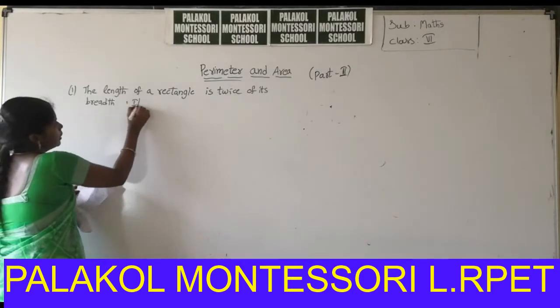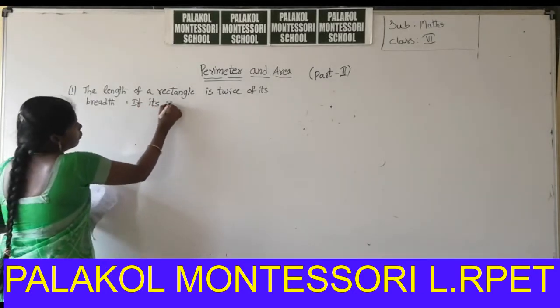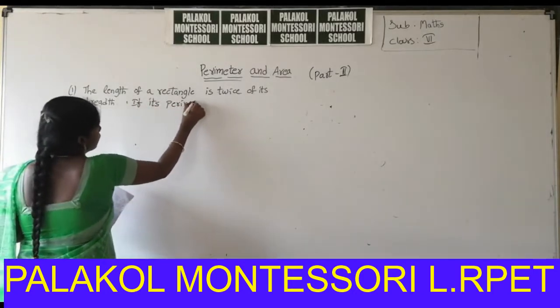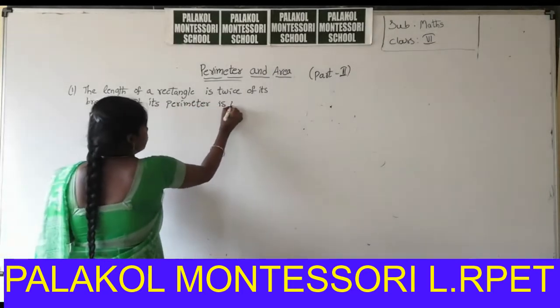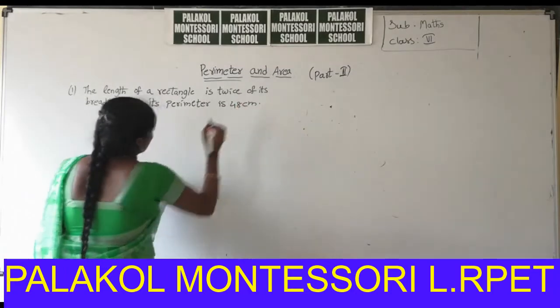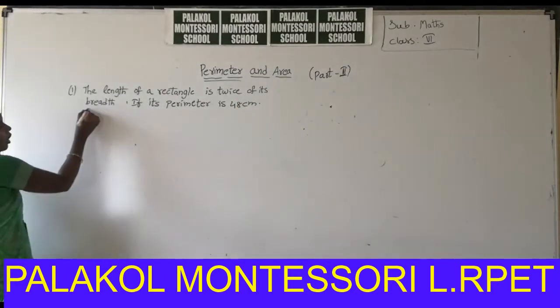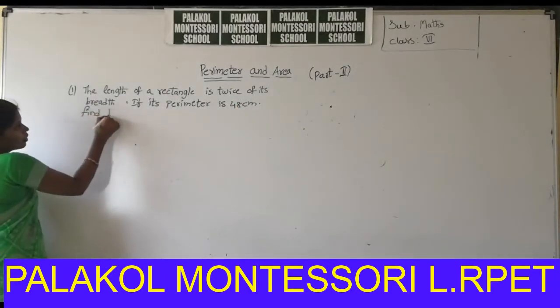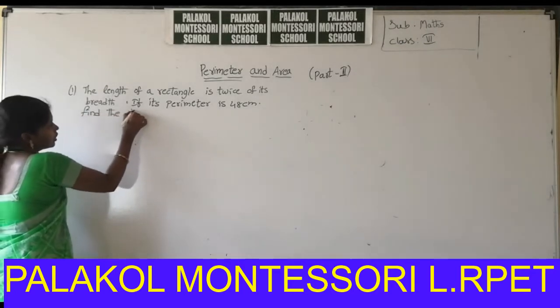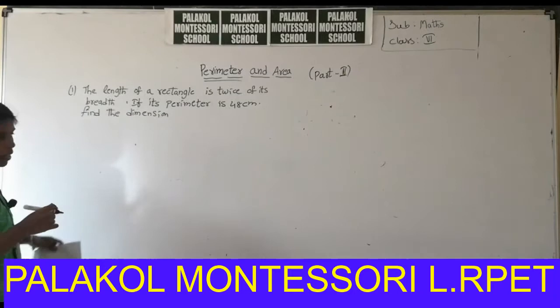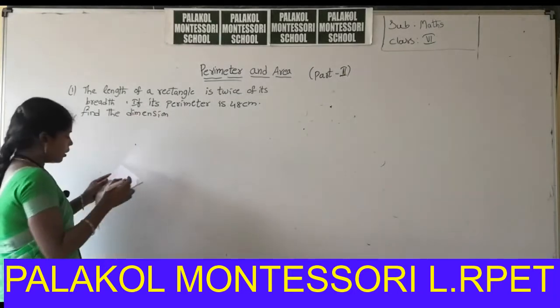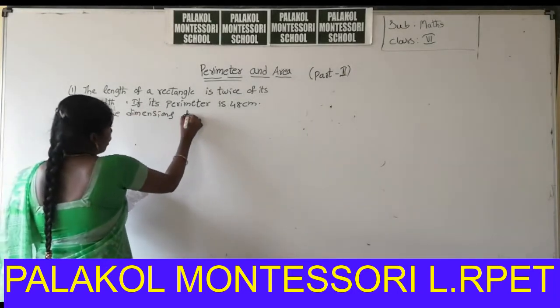If its perimeter is 48 centimeters, find the dimensions. Dimensions is nothing but the length and breadth of this rectangle shape. Dimensions of the rectangle.